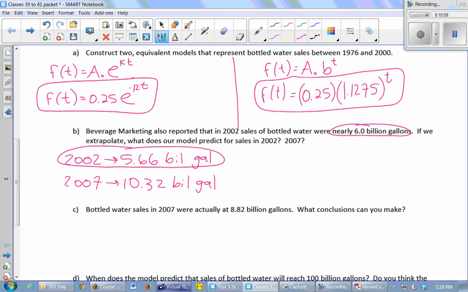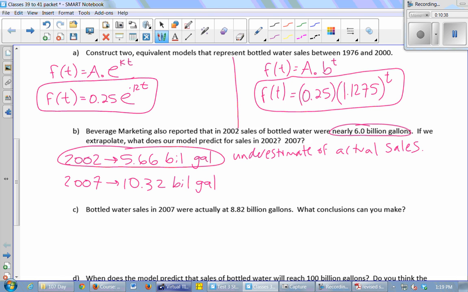All right, so let's compare actual bottled water sales, nearly 6 billion in 2002, to 5.66 billion predicted. Not too bad. It's off by 0.34 billion gallons. But actual is bigger, so this is an underestimate of actual sales.